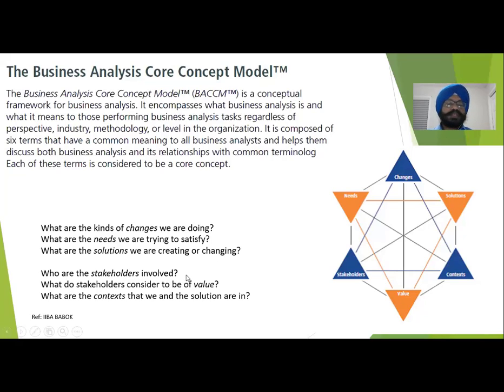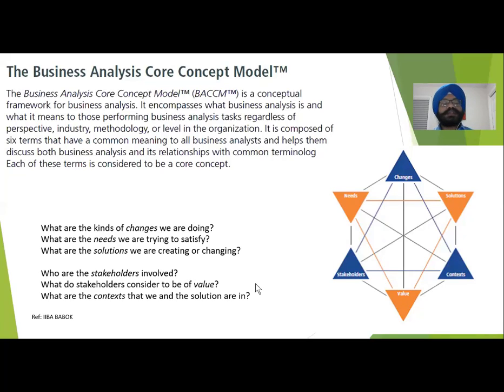Who are the stakeholders involved? I'll come to this point a little bit after talking about the fifth and sixth points. What do stakeholders consider to be of value? We should be building something which is of value to the stakeholders. What is value? We might think that we are doing something great, a very wonderful thing, but that may not be what stakeholders are looking at.